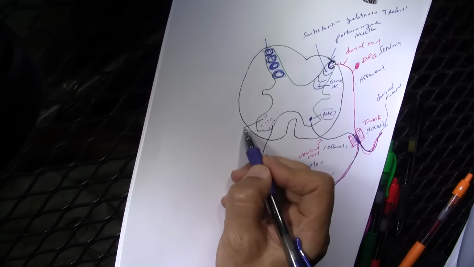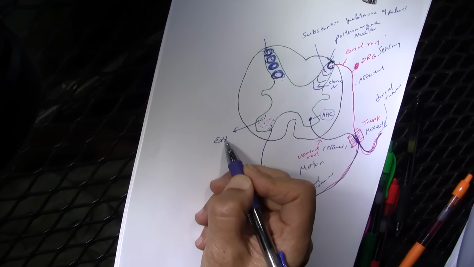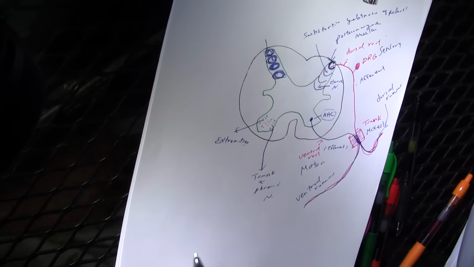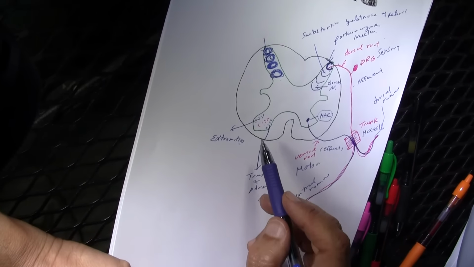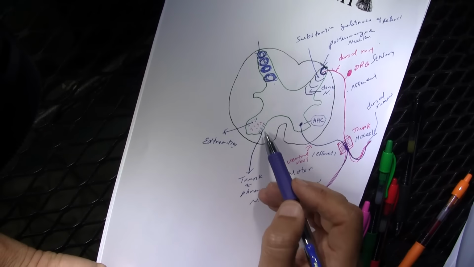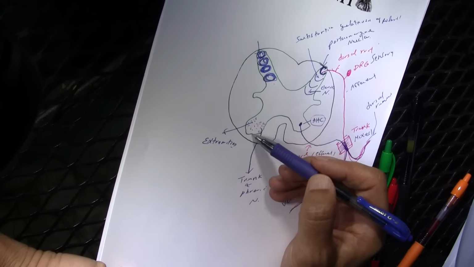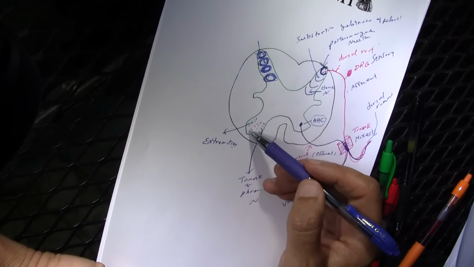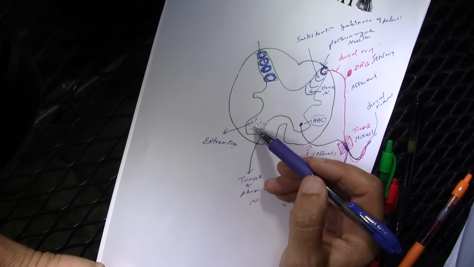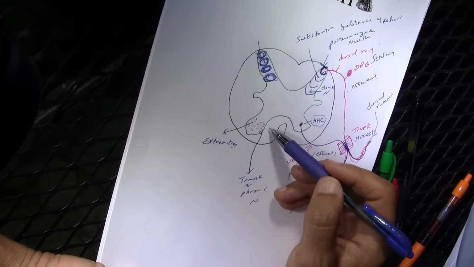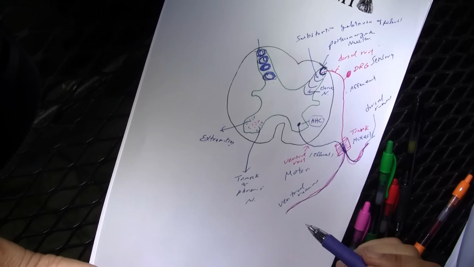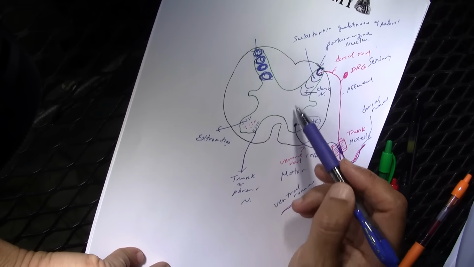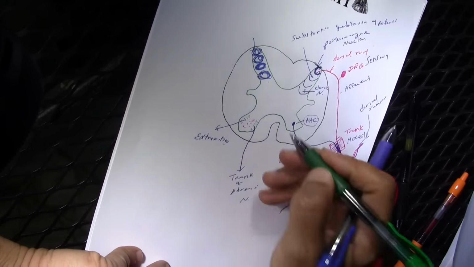The lateral group goes mainly to extremities. The intermediate is not known for sure. Overall, the anterior horn cells are arranged in three areas: medial, intermediate, and lateral. Okay, so this is the general feature of gray matter.